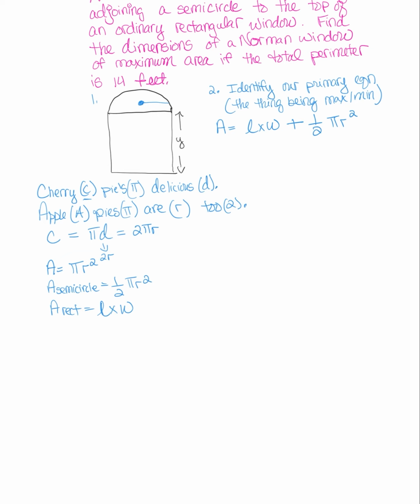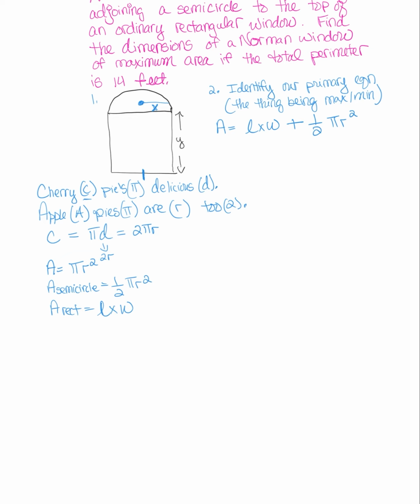But instead of using r, I'm going to relate this in a way that the dimensions of our Norman window relate to each other, so we don't give ourselves another variable and then require another equation which we don't have to solve for. So if we look here, this we could call x. Do you see that that is half of our length? It is. You see it?